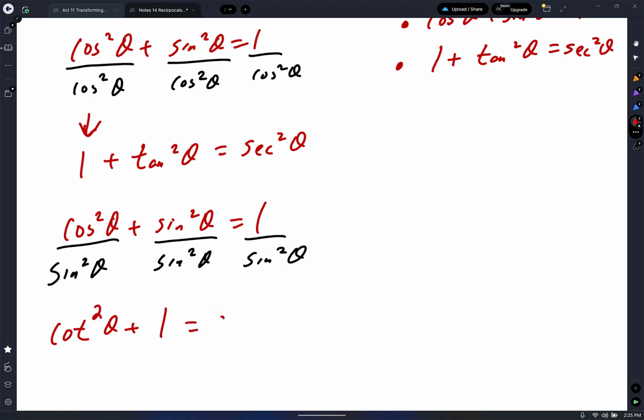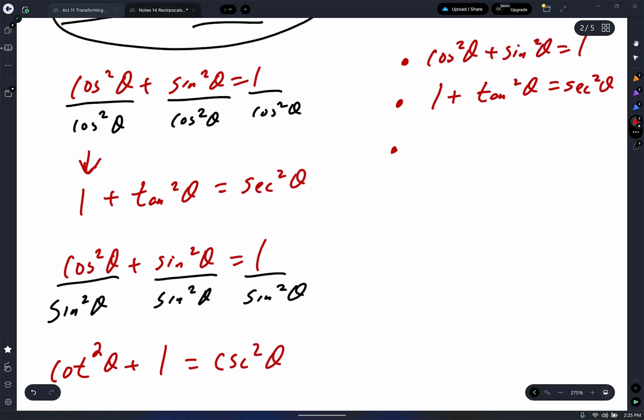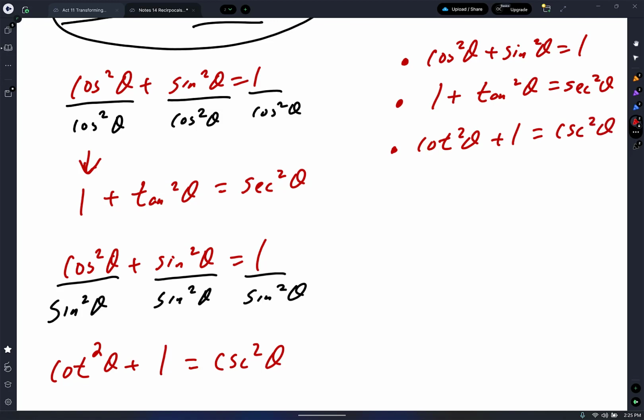And then 1 over sine, that's cosecant, and put a square on it because it's 1 over sine squared. And this will be my third Pythagorean trig identity: cotangent squared theta plus 1 equals cosecant squared theta. Are we okay? Okay.